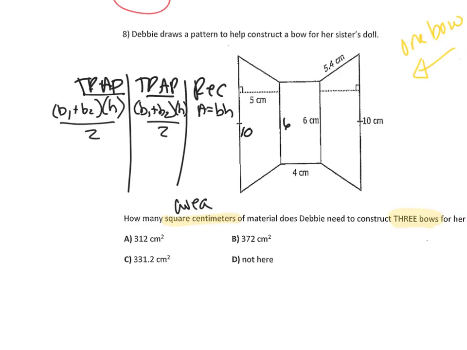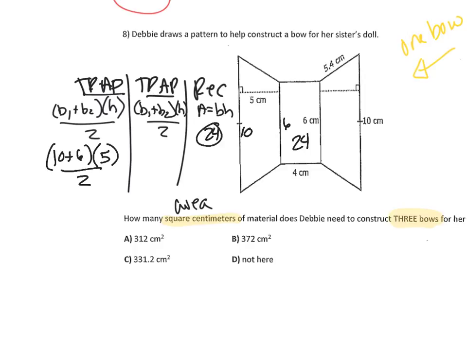So the easiest one we could find right now would be the rectangle, since you're just base times height. So that would be 24. Then the trapezoids, we should have base 1 is 10 plus base 2 is 6. Then your height would be 5. And then divided by 2.